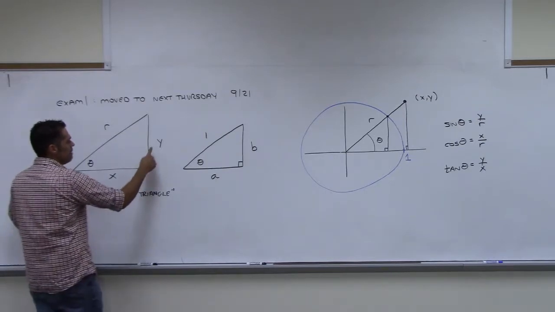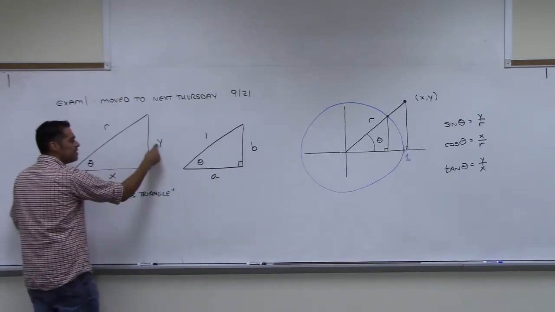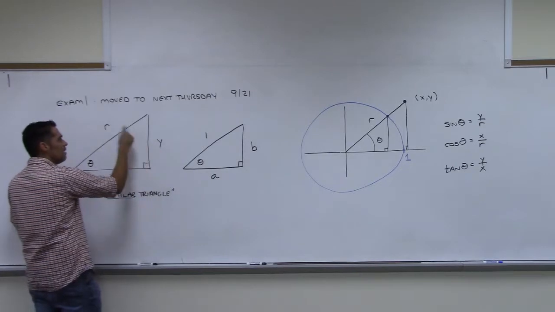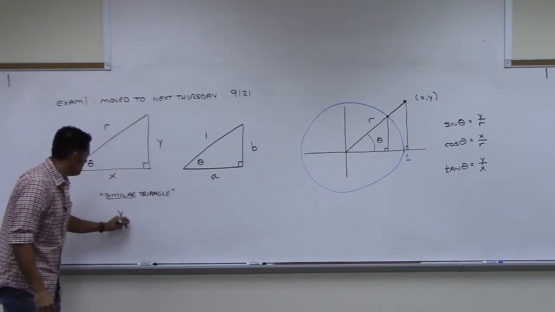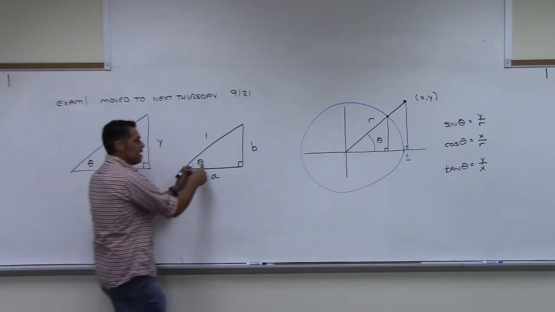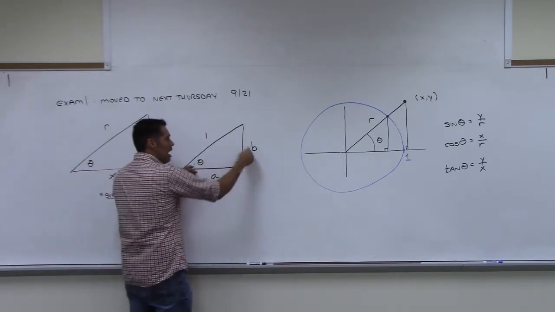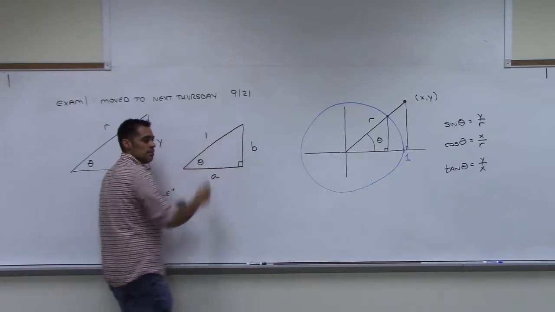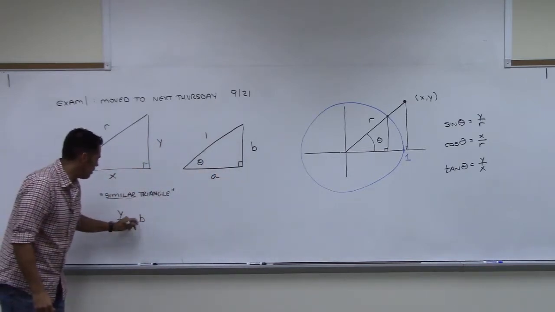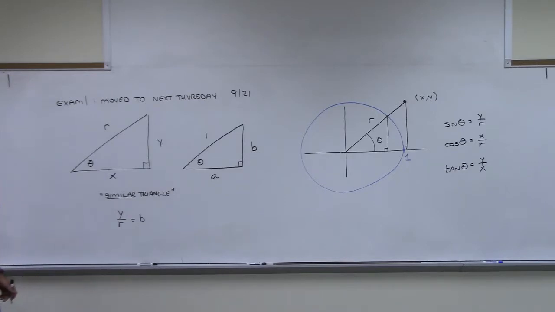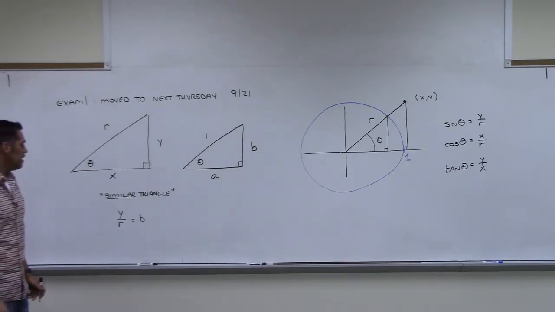If I take the side that is opposite of this angle theta and divide it by r, that ratio is the same as the ratio of this side, this angle opposite over this side. So that should be equal to what? B over 1, which is just b, right? Understand?